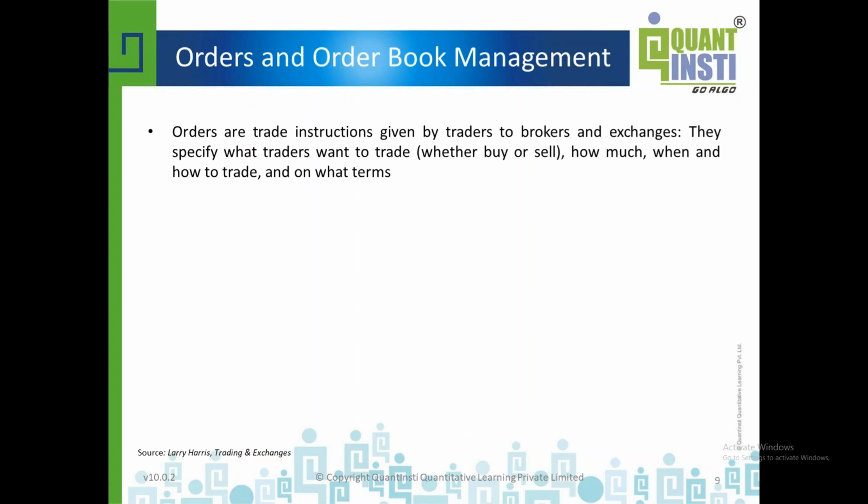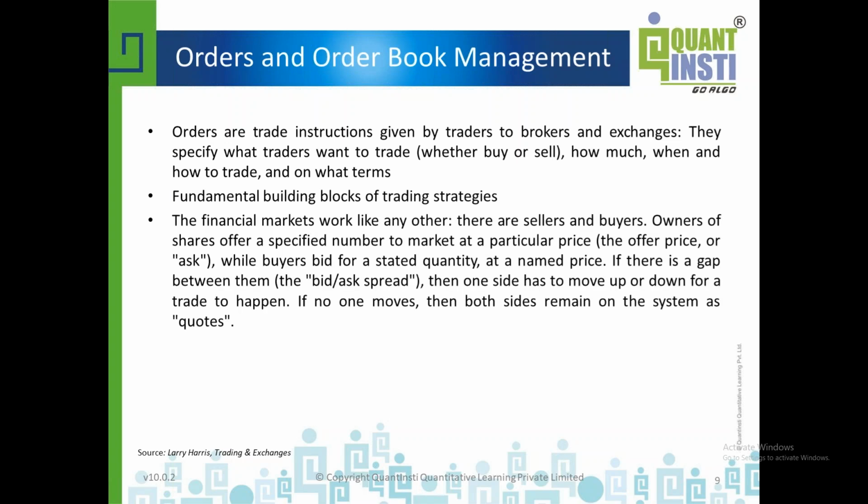Okay. So I've already told you that orders are basically instructions given by traders, and they specify what to buy, when to buy, how much to buy, and whatnot. So these are the fundamental blocks of strategies. Whenever a bid offer or an ask offer is coming to the exchange, that is producing liquidity.